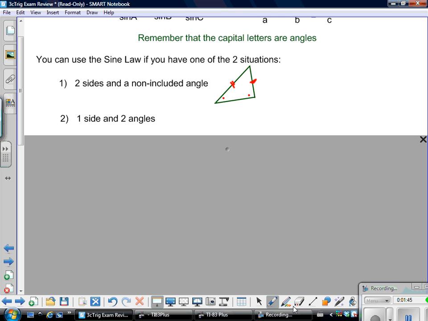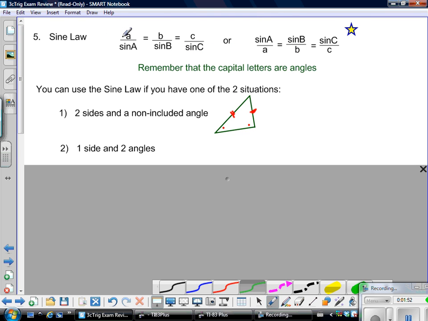Now the reason for that is because you are actually doing a ratio again, using side length divided by the sine of the angle opposite side A. And so you need to know either this, an angle and the side directly across. So you either get it that way or you get it the other way. Okay, so that's what it means by a non-included angle.